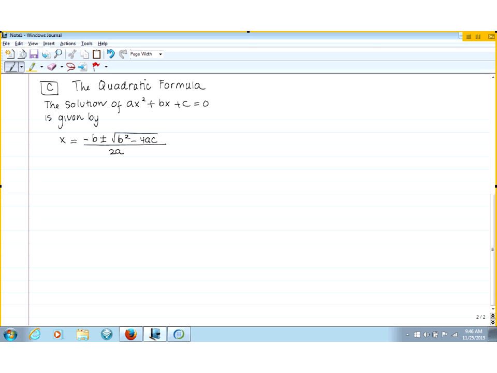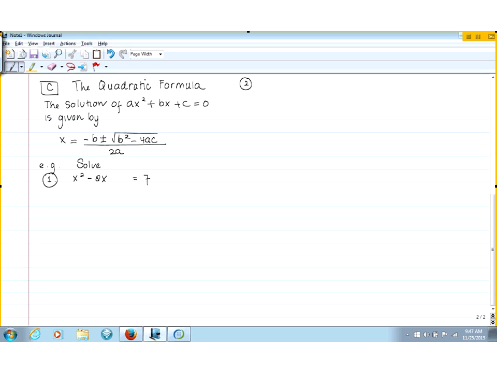Let me find it. I think this is in here. Okay. So for example, solve. If you can solve it by factoring, go ahead. If not, then we use the quadratic formula. Number 1: x squared minus 8x is equal to 7.